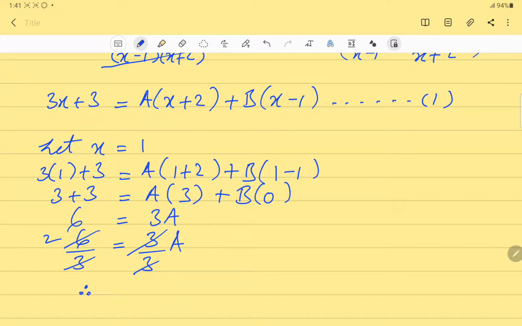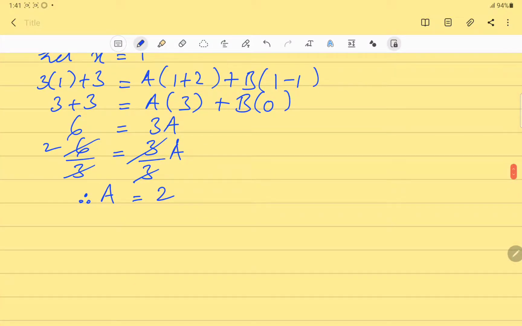So the a comes out to be 2. Now we assume x as minus 2.